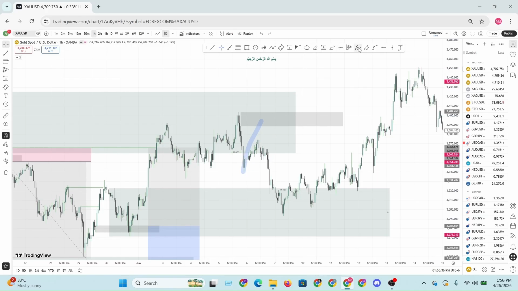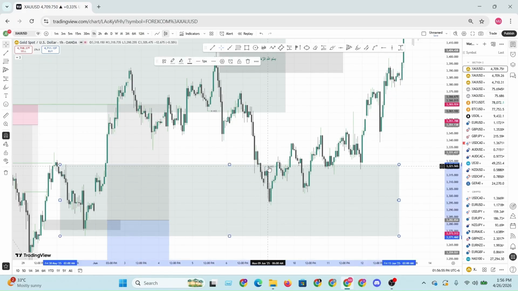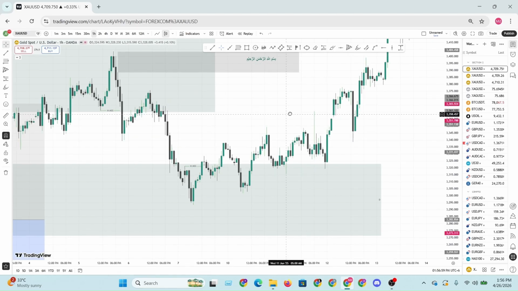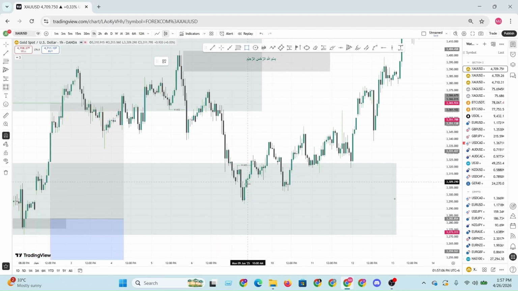So it went away before coming here. So now see, from this daily it gave MSS. Okay, the market simply shifted, and mark the extreme POIs.